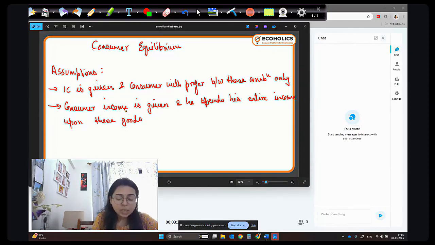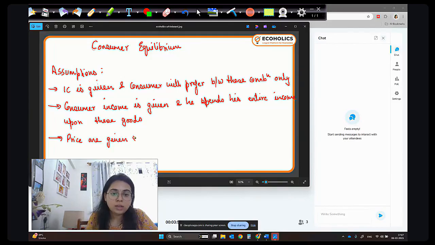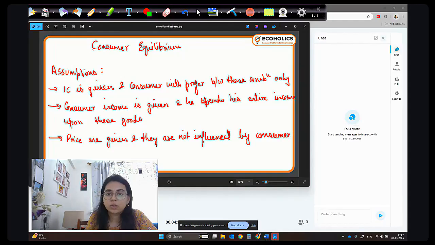Then the other assumption is that the prices of the goods are given and they are going to remain constant for him. He cannot influence the prices of the goods by buying more or less of them. So prices are given and they are not influenced by consumer preferences.